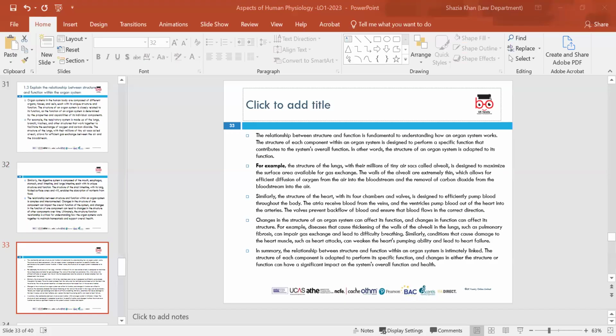For instance, in the digestive system, organs cooperate to process food, and the survival of organisms depends on the integrated activity of all organs, often coordinated by the endocrine and nervous systems. For example, the respiratory and circulatory systems work together to provide the body with oxygen and get rid of carbon dioxide.